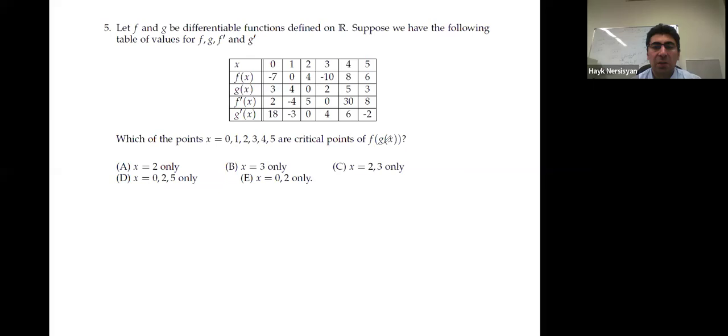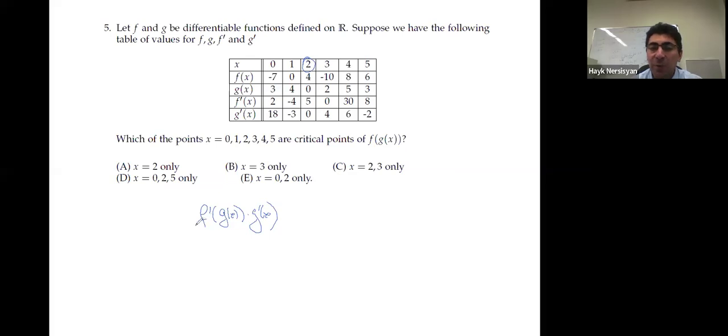To find which points are critical points, the derivative of the composition gives f prime(g(x)) times g prime(x). So to be a critical point, we might think of g prime(x) being 0. Hence, this is a critical point for sure. 2 is a critical point.